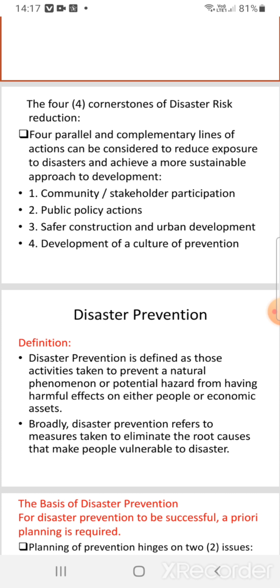That particular framework involves four parallel and complementary lines of action which aim to reduce exposure to disasters and achieve a more sustainable approach to development. We have four action lines which are complementary to each other and they are parallel also.